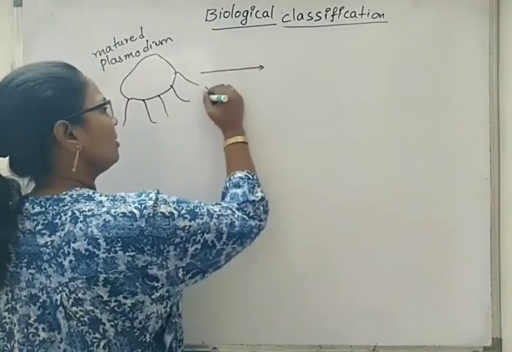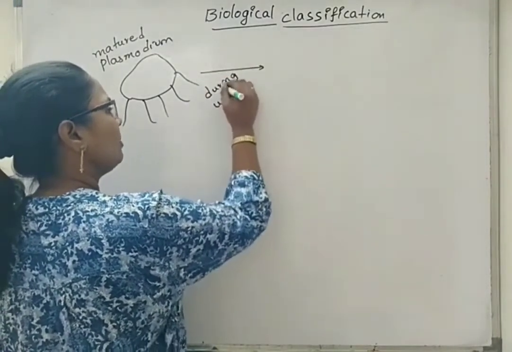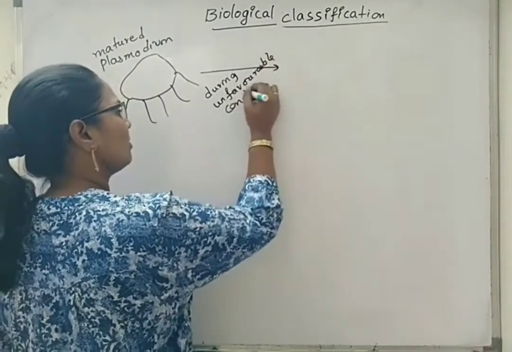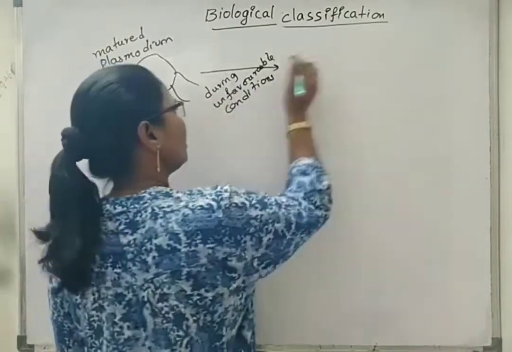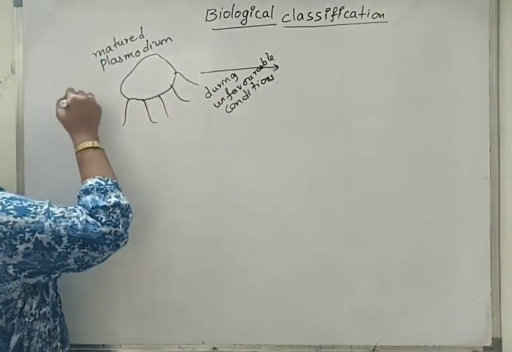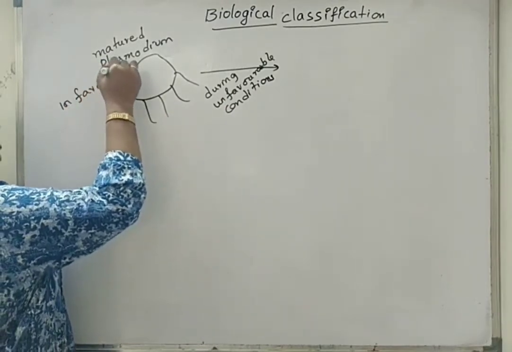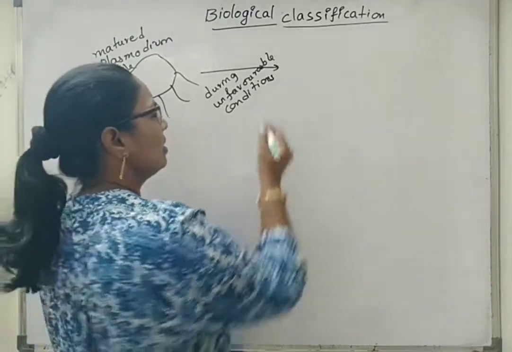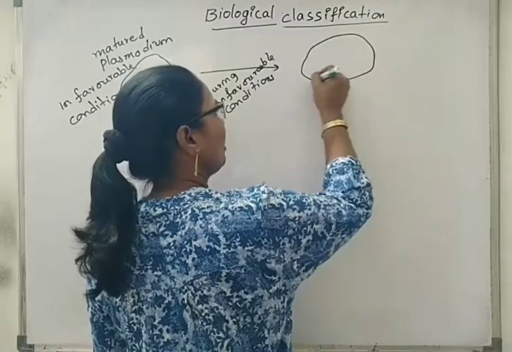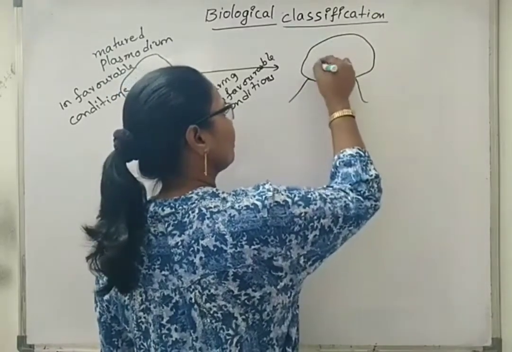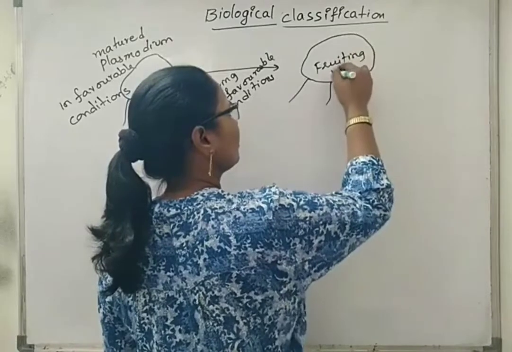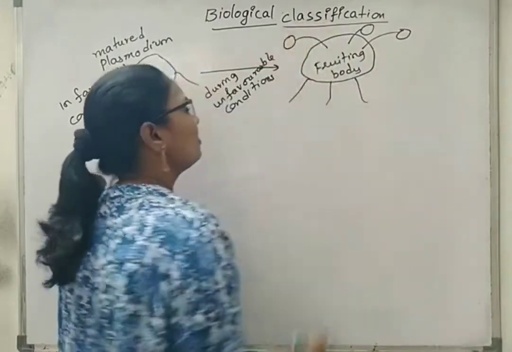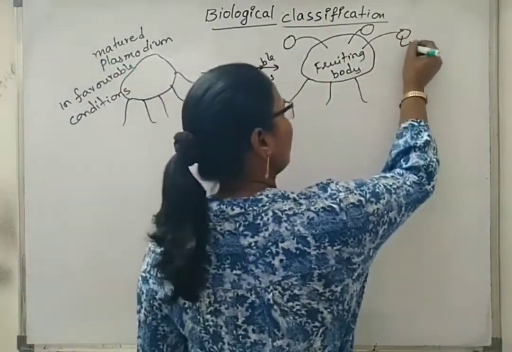Now, during unfavorable conditions, the same matured plasmodium which was in favorable conditions will now be called a fruiting body. It bears the spores at the tip of the fruiting bodies. So now these are spores.